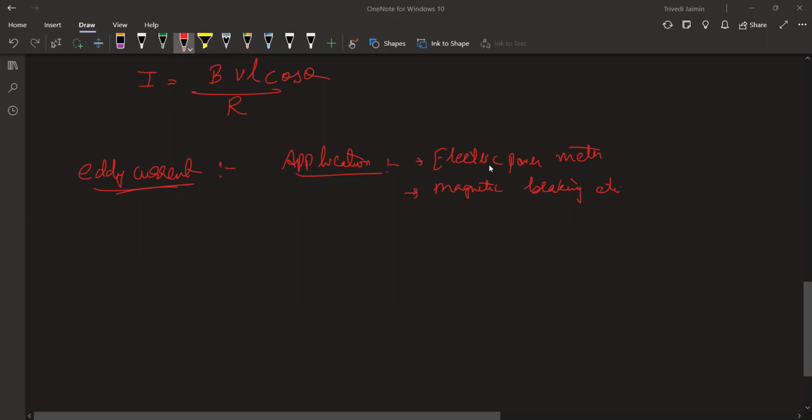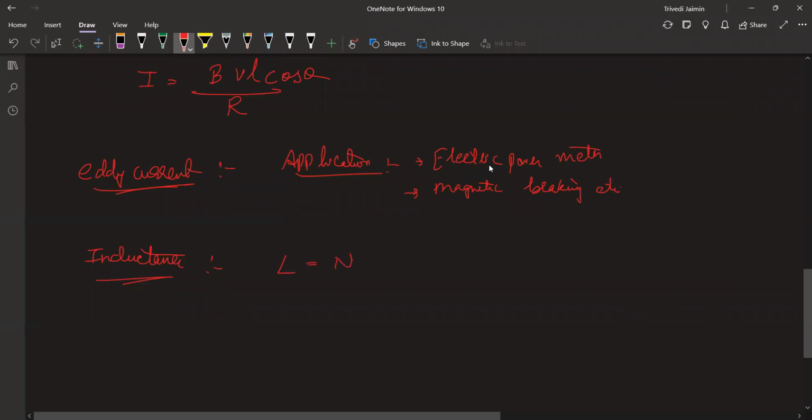What is inductance? Do you remember? It is just a property of electric current.